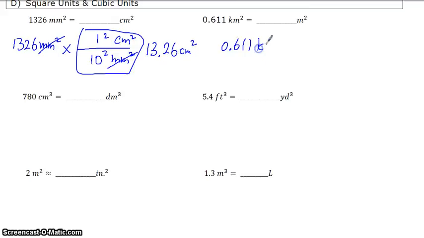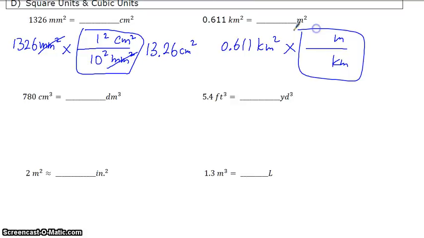All right. Kilometers squared to meters squared, same thing. First we write down kilometers and meters. That's the basic unit conversion. Look at the units. Now we need square. So 1 kilometer is 1,000 meters. Now when you square everything, I didn't square 1 because 1 squared is still 1.